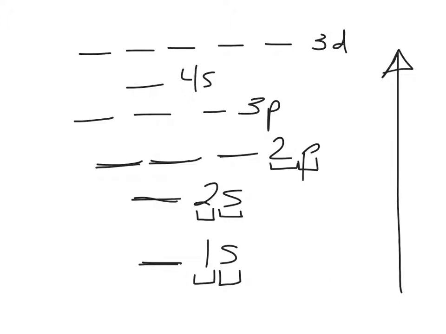But you'll notice here that in energy level 3, ooh, I forgot my 3s. That's the first problem you should notice. Is that we have our 3s, 3p, and 3d, but I have 4s getting filled before 3d. And that's just how it is.